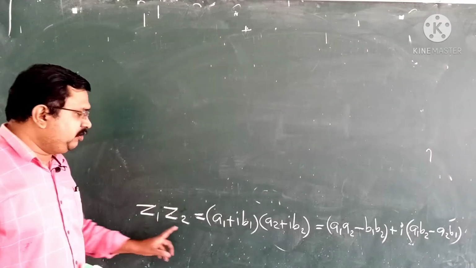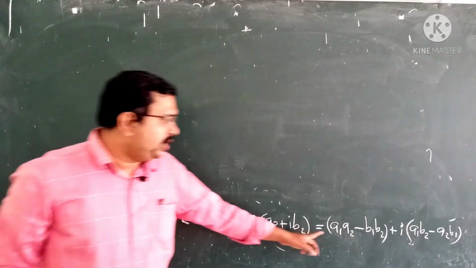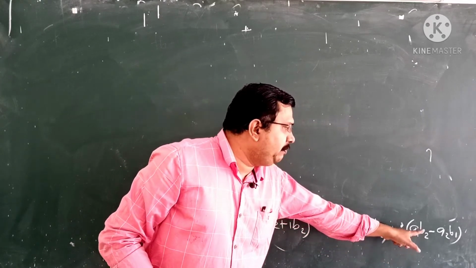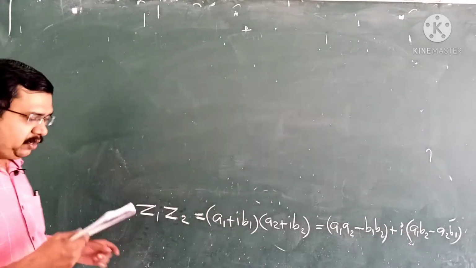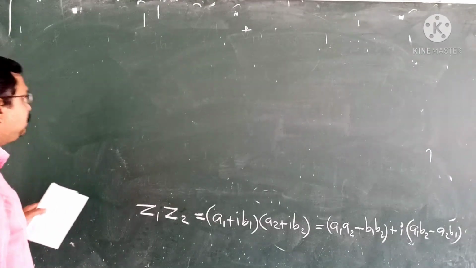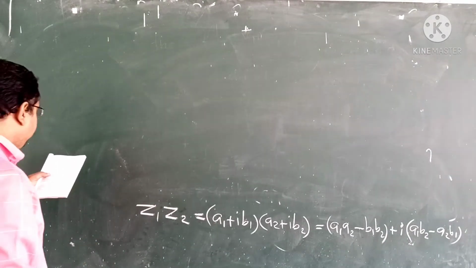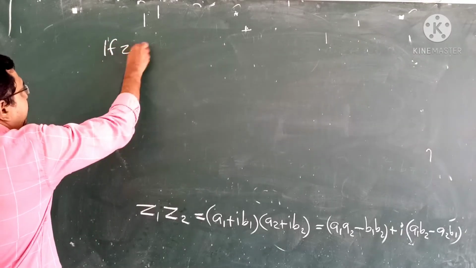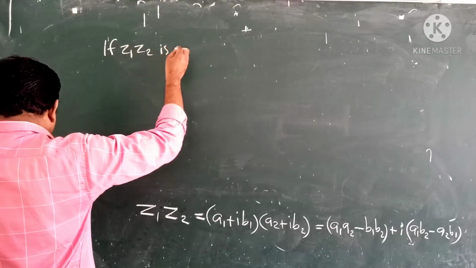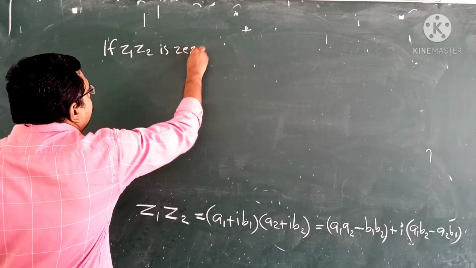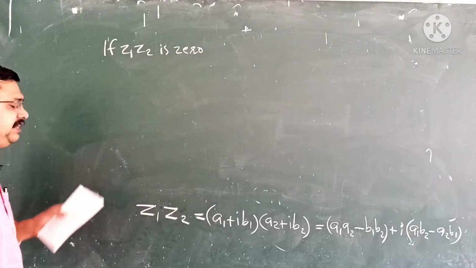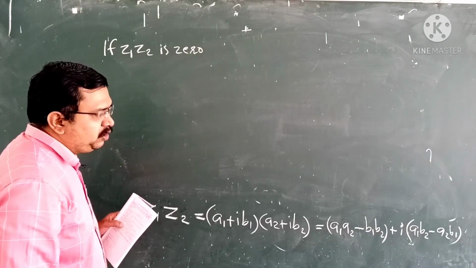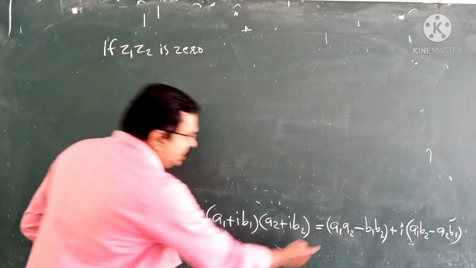We get Z1 into Z2 is equal to A1 A2 minus B1 B2 plus I into A1 B2 minus A2 B1. Now it remains to show that Z1 into Z2 is non-zero. If Z1 into Z2 is 0, then the real and imaginary parts of Z1 into Z2 are 0.